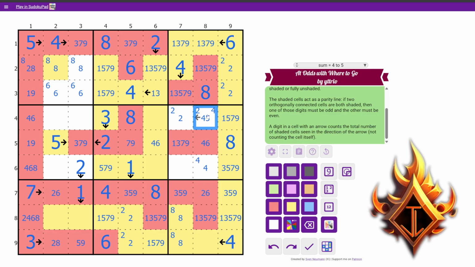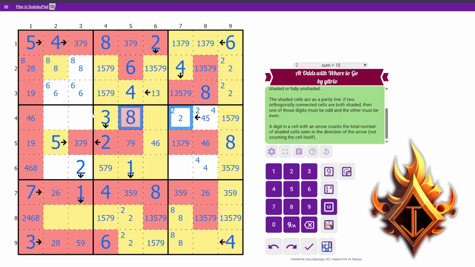If this is 5, rather, okay, hold on. If this is 4, it would be yellow again, and this would have to be red. If this is 5, then they are all red. So this is red regardless, and it will be even.